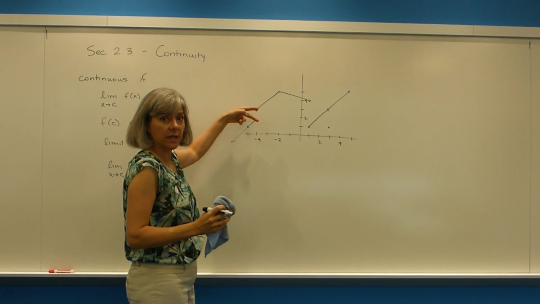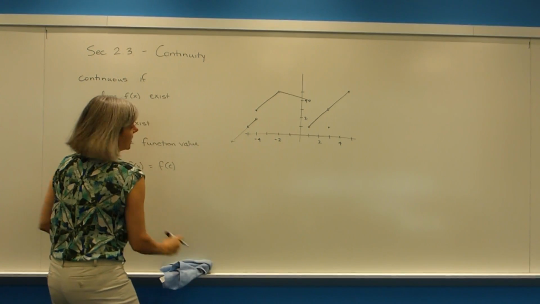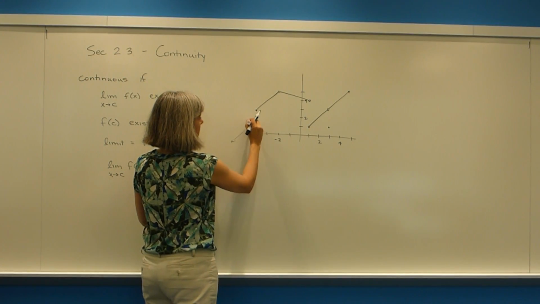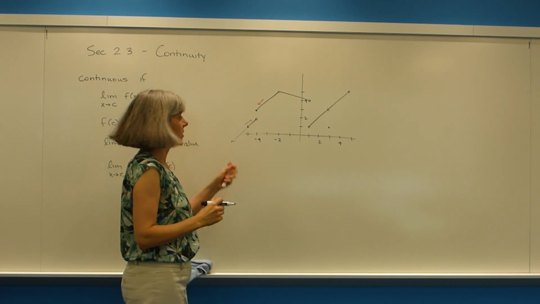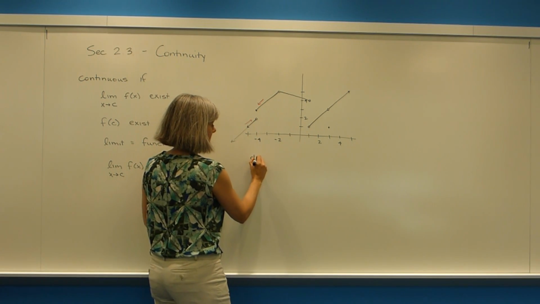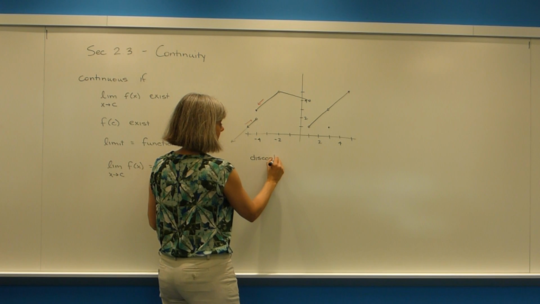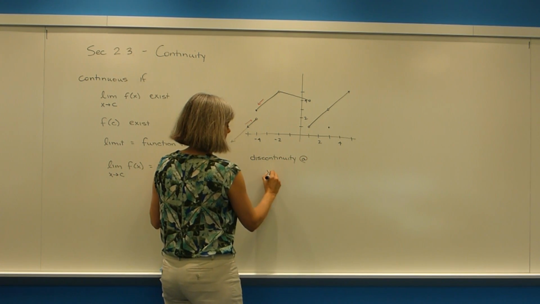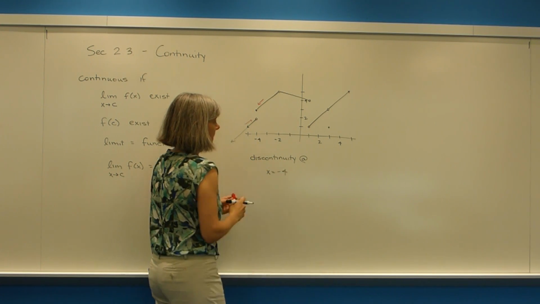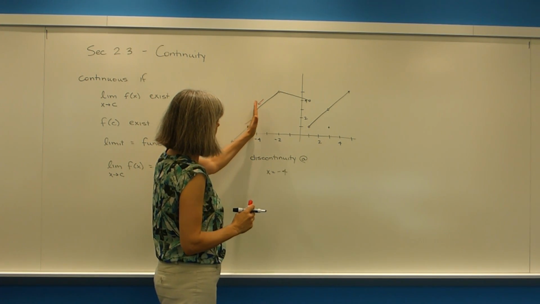The two-sided limit does not exist. It is heading towards 2 from this direction and 3 from that direction. There's a big jump. So there's a discontinuity at x equals -4.